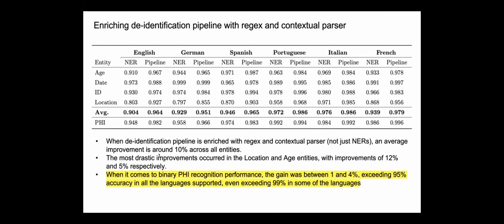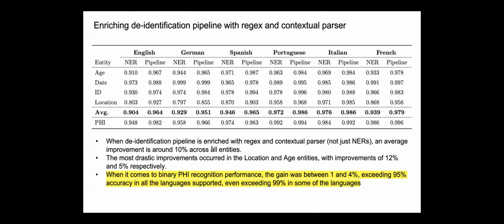The most drastic improvements occurred in location and age, which is understandable, because if you are working on, let's say, German, you can augment this with all the German cities. And when it comes to age, you can add different variations by using contextual parser, and you can get nice boosts, sometimes even more than 10%.